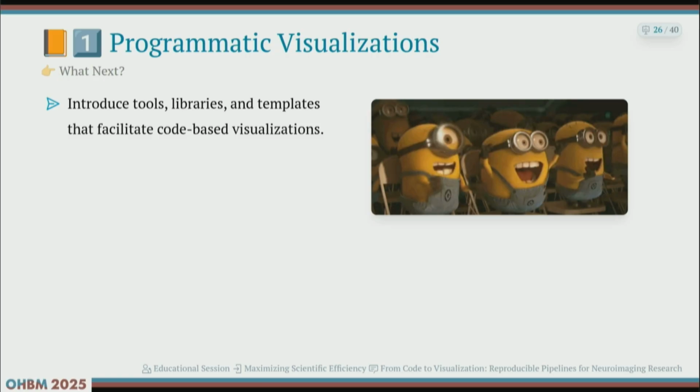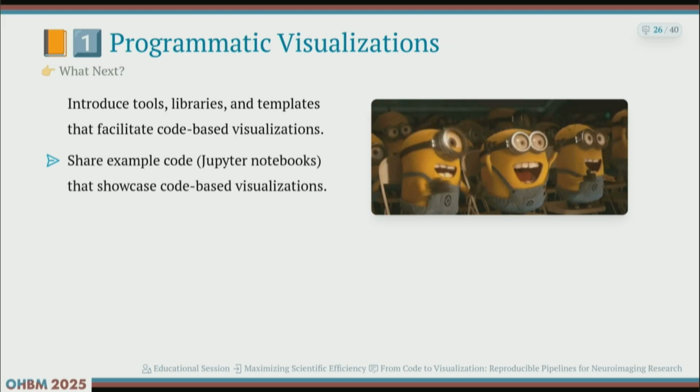Now, with all that being said, let's introduce some tools, libraries, and templates that can facilitate code-based visualization and share some example code in the Jupyter notebook that you already have access to, to showcase these visualizations.